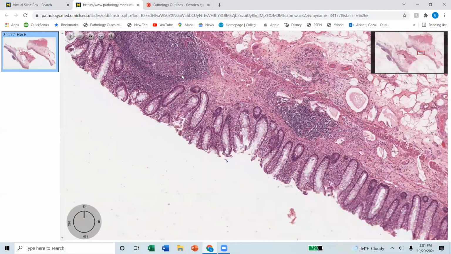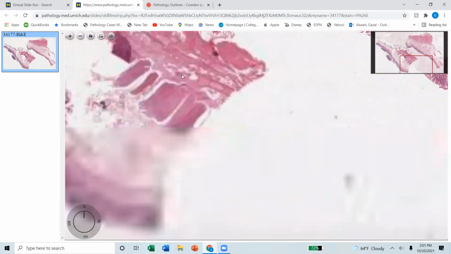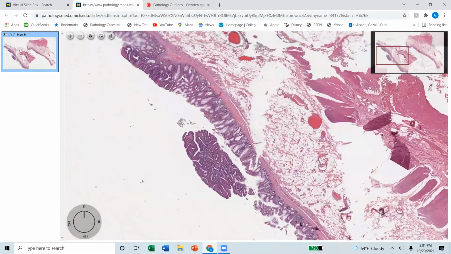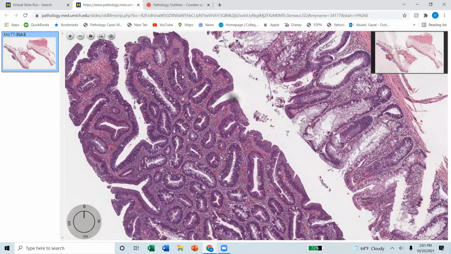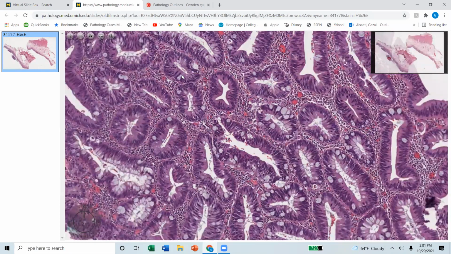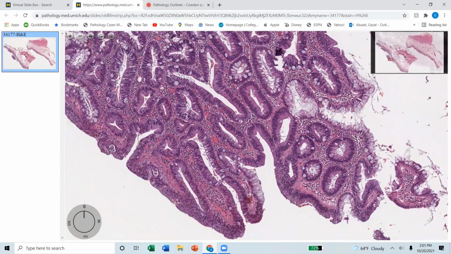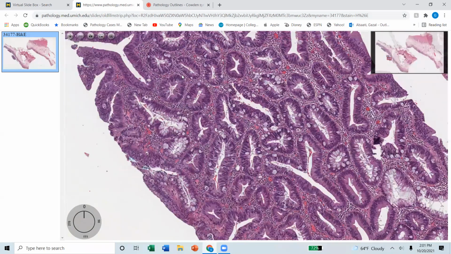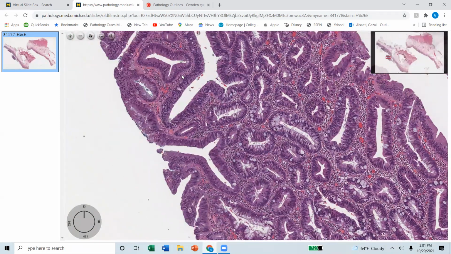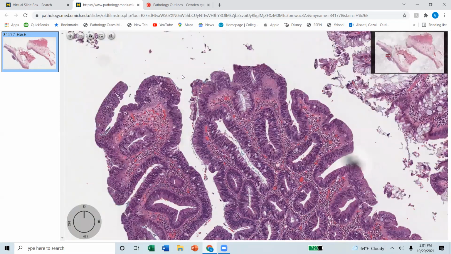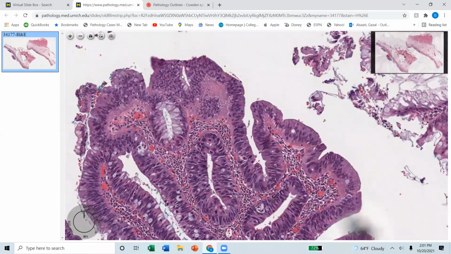Am I going too fast? I don't have anything here, but we are going to look at this again. So it seems like he's worried about this part. I can't, ladies, I cannot call this high grade. I might be wrong, but I can't call this high grade.